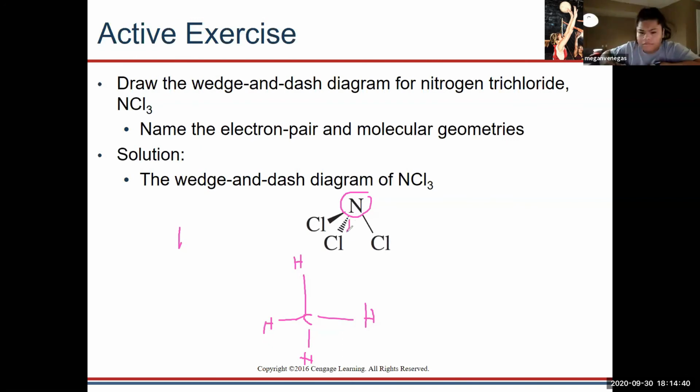Okay, so you have the bars right here, right? That guy is going towards your back. The bold line, that one is coming out towards you. So you have the one that's going forward, the one that's going back, and then this guy is going to be the one that's in the same plane, next to it. One forward, one back, and one on the side, okay?